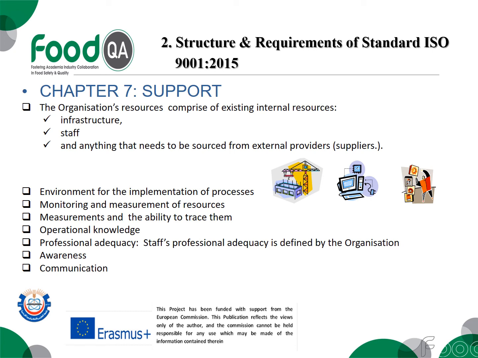Environment for the implementation processes. The environment should be appropriate for the implementation of the processes. Monitoring and measurement of resources. Of course, we're looking here at continuous measurement, which is monitoring of the resources, measurements and the ability to trace them. So we need to be able to trace them.